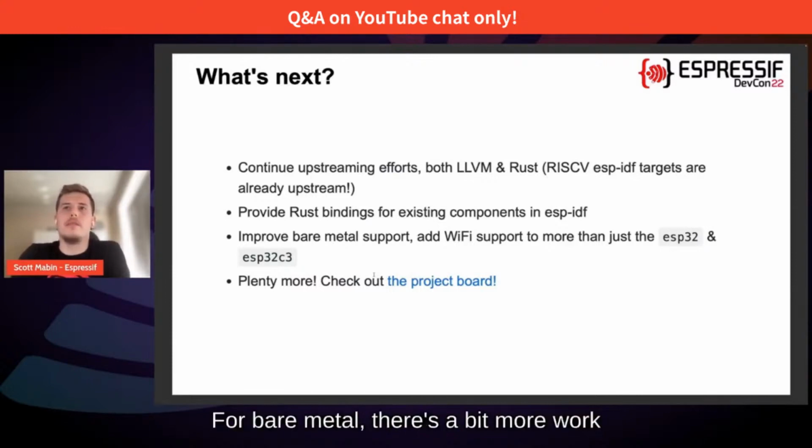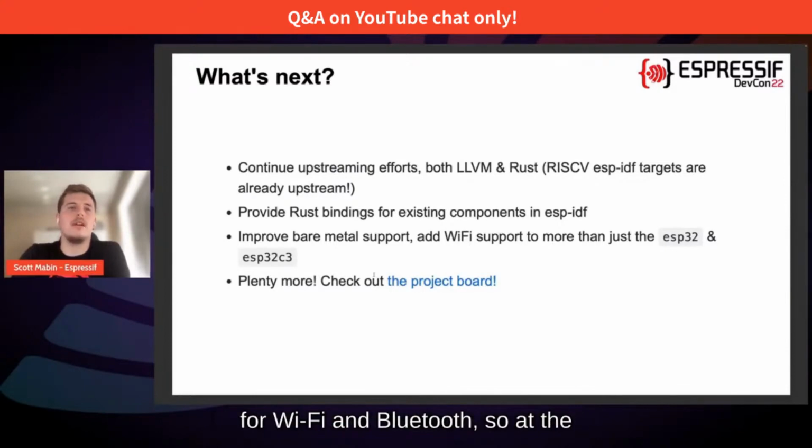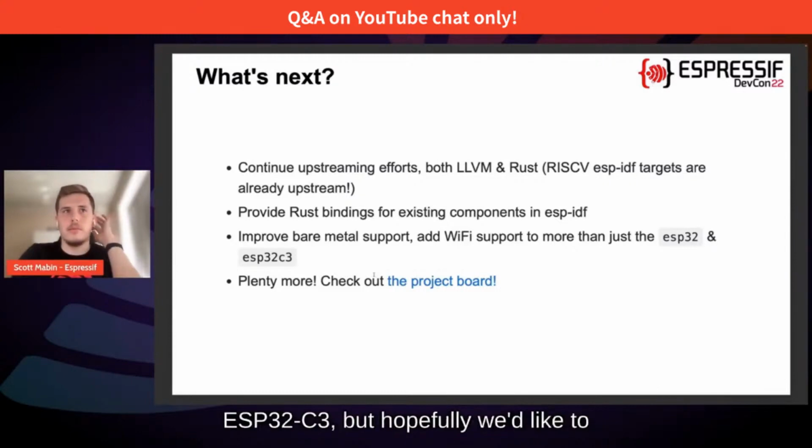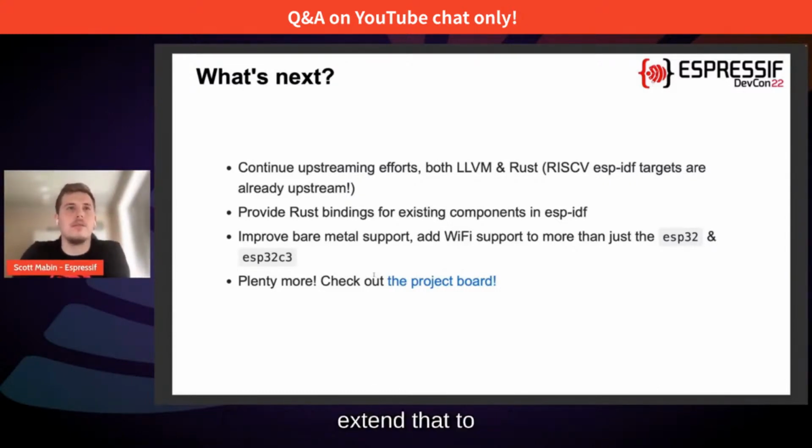For bare metal, there's a bit more work that goes into adding support for Wi-Fi and Bluetooth. So at the moment, we only support the ESP32 and the ESP32-C3. But hopefully we'd like to extend that to the S3, the S2, and the C2. And there's plenty more. Those are just 3 things that I pulled out from the project board.